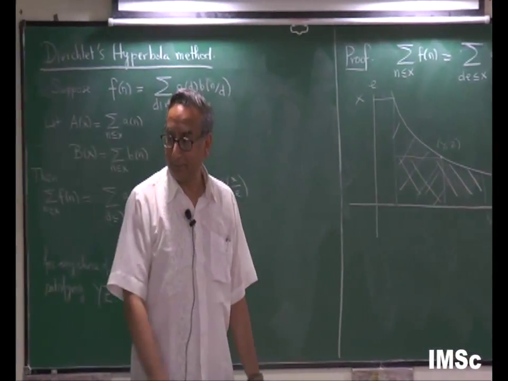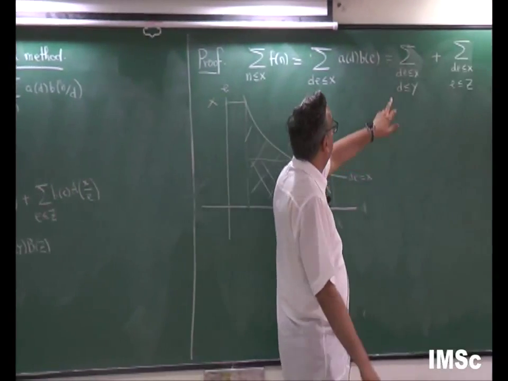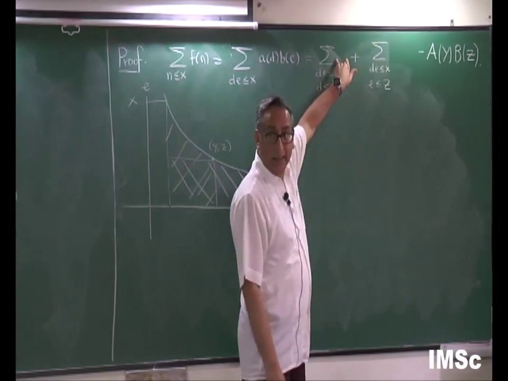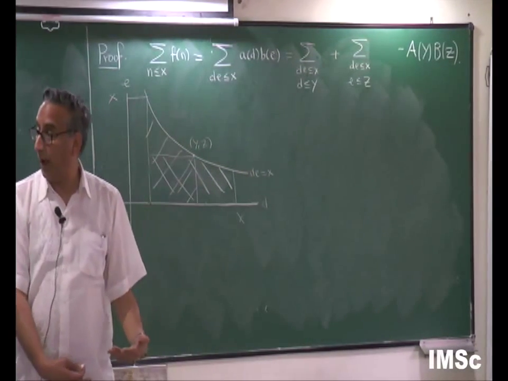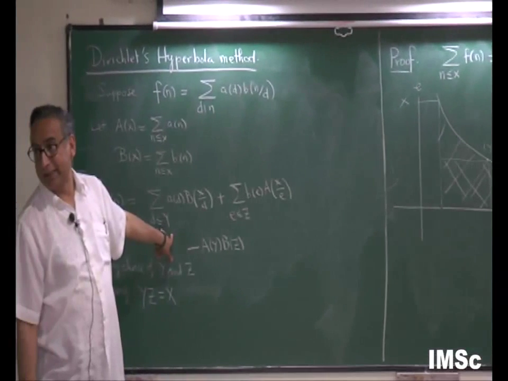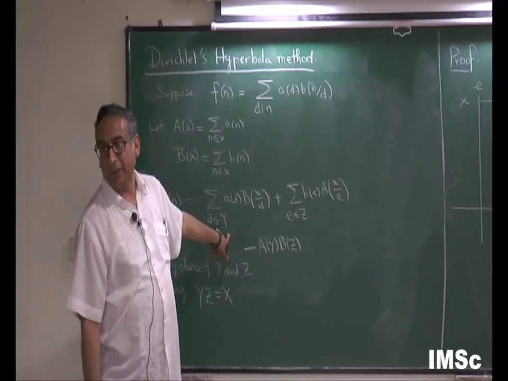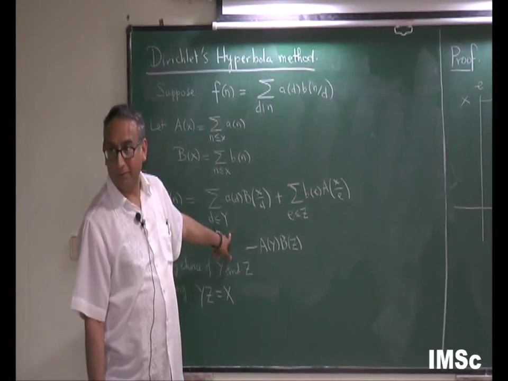Okay? So when d is less than y, I sum a of d, and then summation b of e, e less than x over y, x over d. So that's what you get. So when you work it out, you get exactly this. Very elementary idea, but as you'll see in a second, it's very powerful.